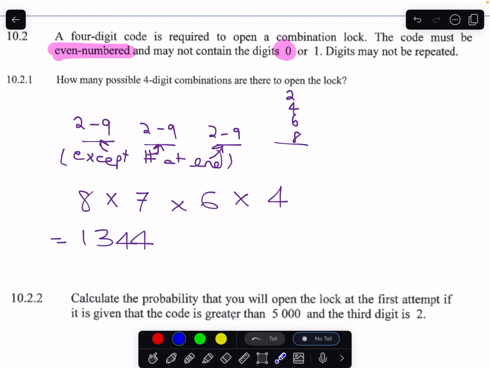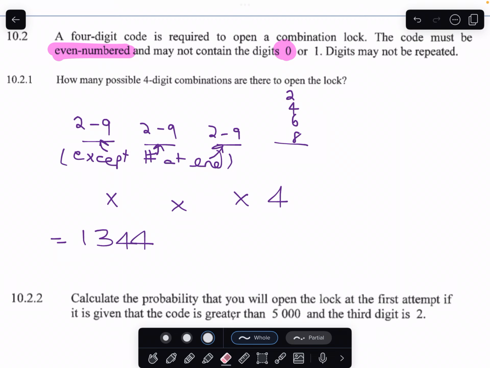Wait. So, in the first slot, we can't use 0, we can't use 1. Oh man, there are 8 numbers from 2 to 9, but whatever number we use here is excluded. Oh my goodness, I literally said this and then I proceeded to write the wrong thing. So there are actually 4 options for the first slot, right?